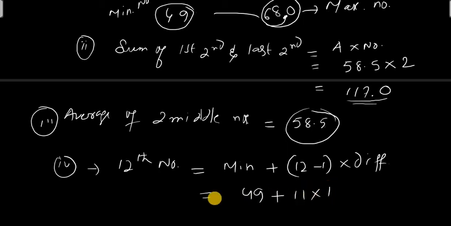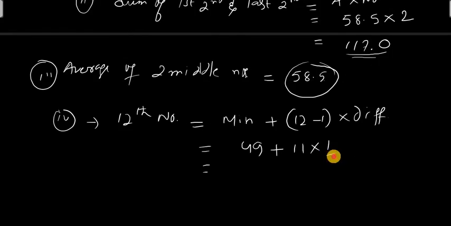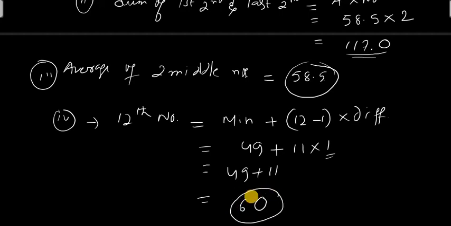Difference 1 for consecutive odd natural numbers, there's a difference of two here. For consecutive even natural numbers, the difference is 2 here. So this is the case of consecutive natural numbers, the difference is 1. So 49 plus 11 is 60. 60 is the number that will be placed at the 12th term. So 60 number here.